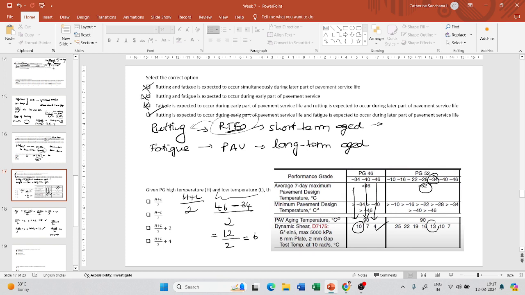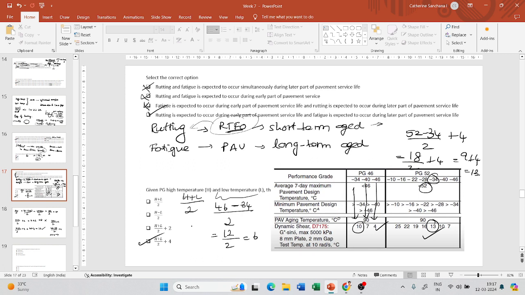And you should be getting 13. So 52 minus 34 by 2 plus 4, which will be 18 by 2, which is 9, plus 4 equals 13. Okay, so the option is H plus L by 2 plus 4.